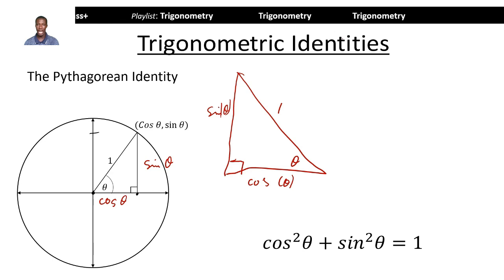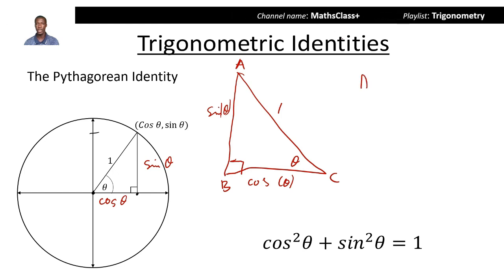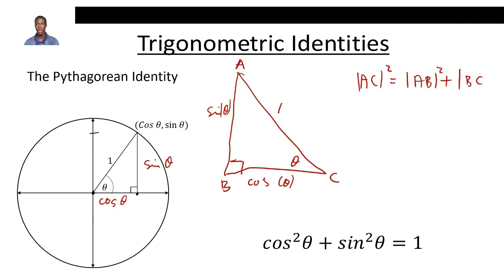Now I want to apply the Pythagoras theorem. If you remember, it says the longest side. So let me label them A, B, C. So AC squared is equal to AB squared plus BC squared, right? This is the Pythagoras theorem.